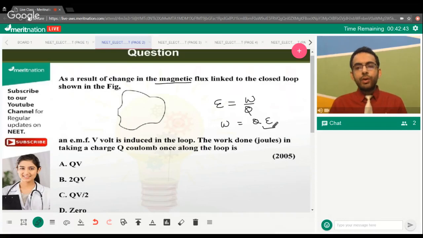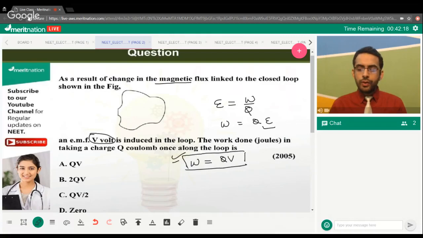So in the given question, we can see that EMF induced is V volts. So W is equal to Q into capital V. So that is the answer for the given question. So the correct answer for the given question is A.